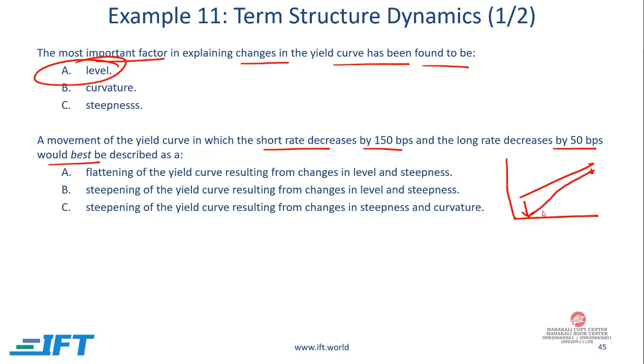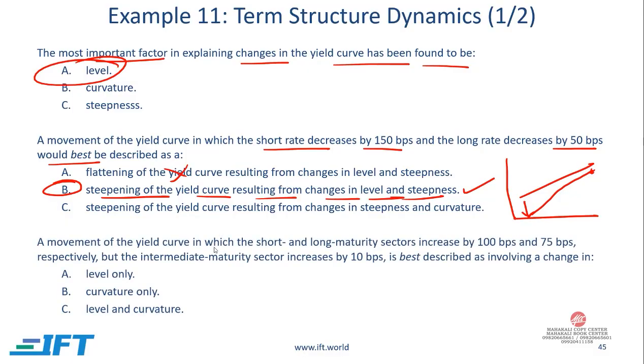So this is clearly a steepening and the level is also changing. So the level is going down and the curve is becoming steeper. So the first is flattening of the yield curve. That's not right. Second is steepening of the yield curve resulting from changes in level and steepness. So that is true. Steepening of the yield curve resulting from changes in steepness and curvature. So there's no mention of curvature here. The best answer therefore is B.